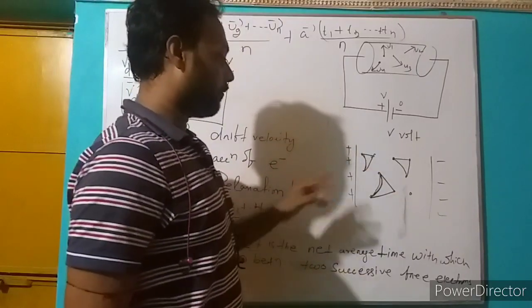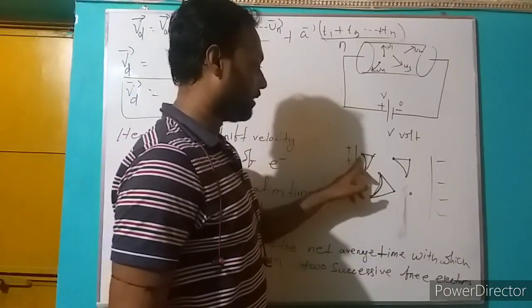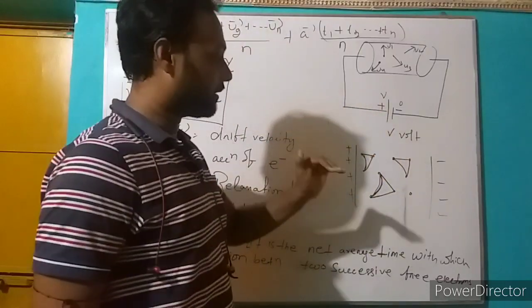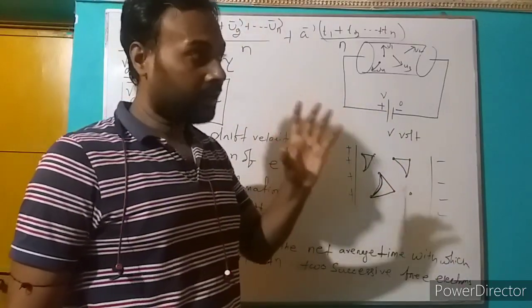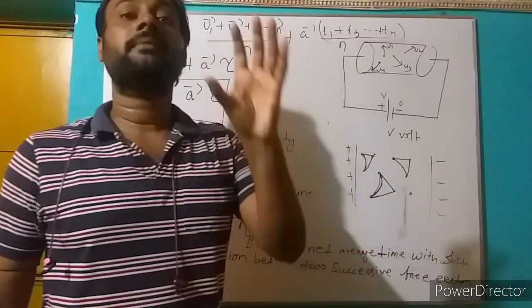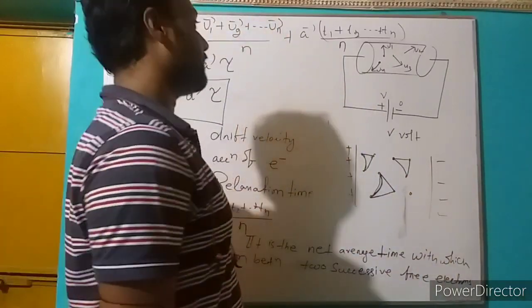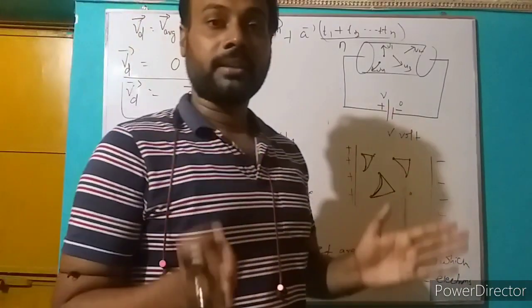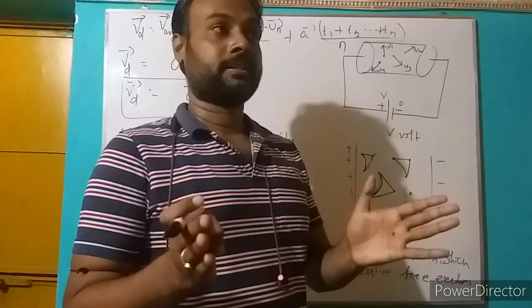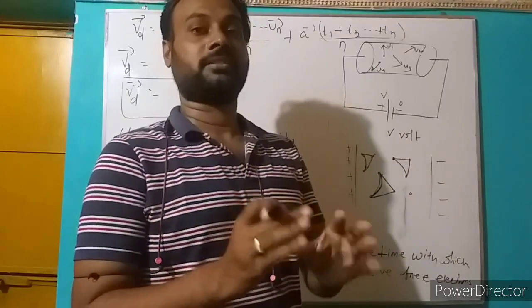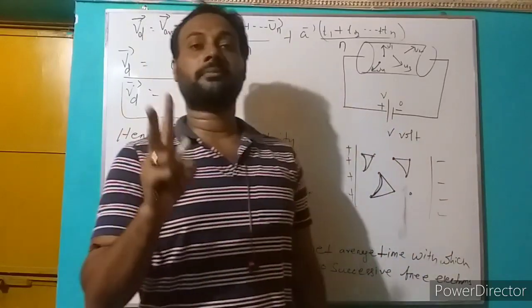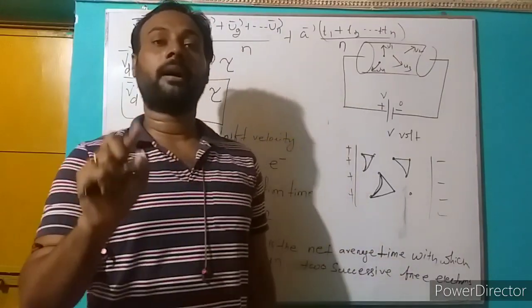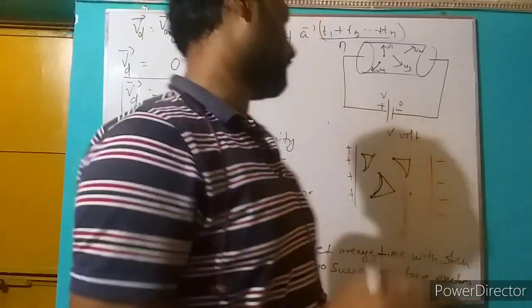While that electron collides with another electron, it travels a certain path, and that path is called the mean free path. Mean free path means it is the path with which there is a successive collision between two electrons while traveling. That path is known as the mean free path.